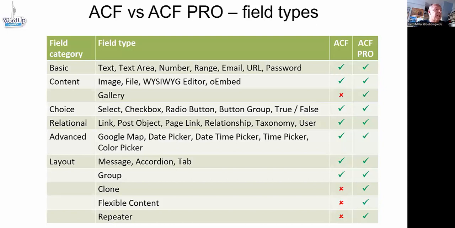And then we have relational fields, which are relationships between one bit of content and another. So a link is simply a link to a post or page or something. Post object is very similar to a link, and a page link is very similar to a link, and a relationship is also similar to a link.